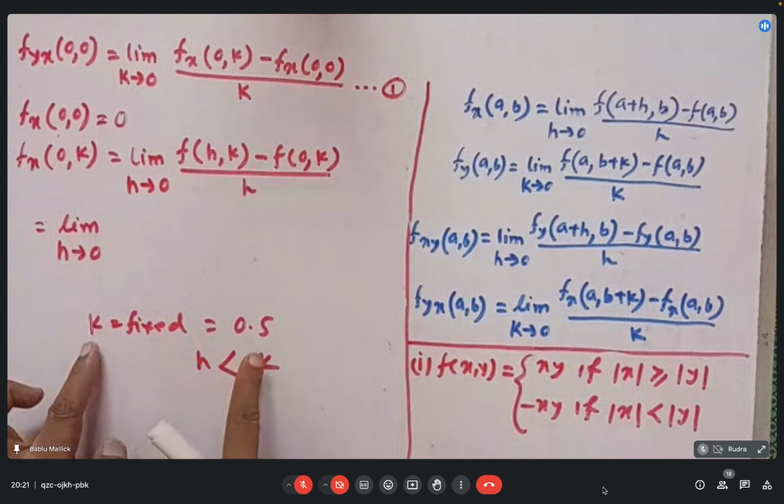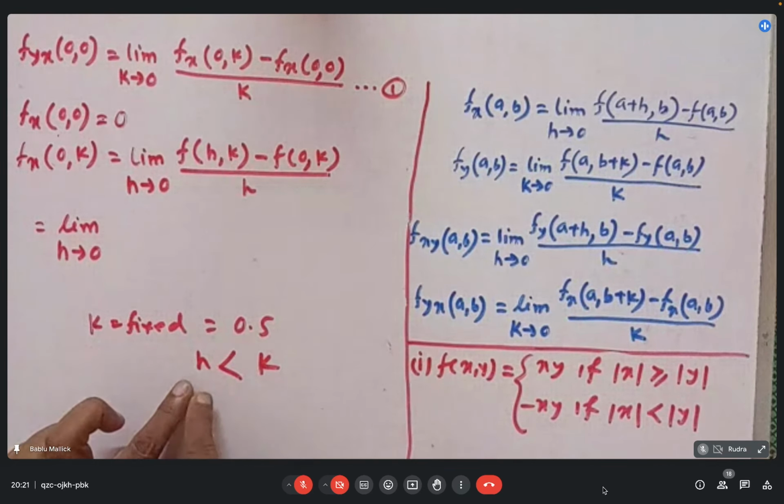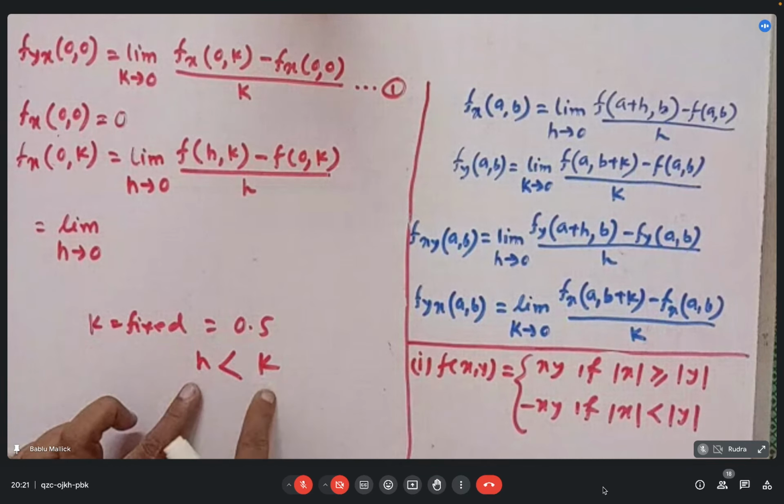k is fixed, but h is tending to 0, so h will be less than k. That means the x component will be less than the y component, so we shall use the second part, minus xy.